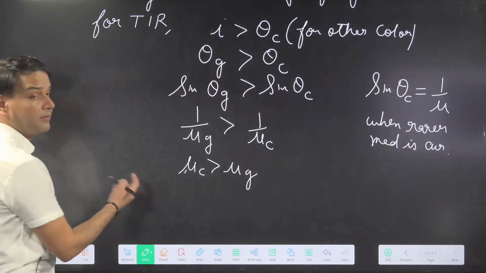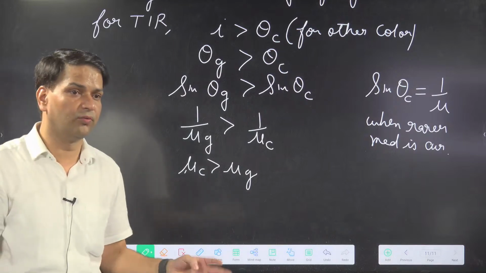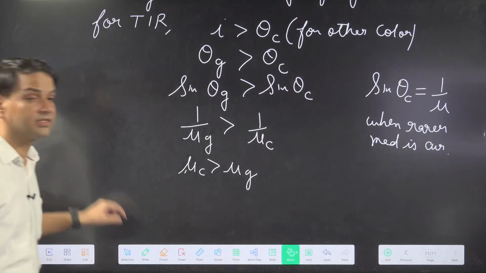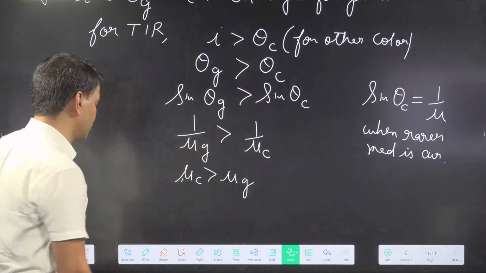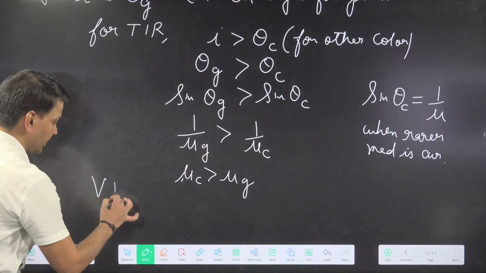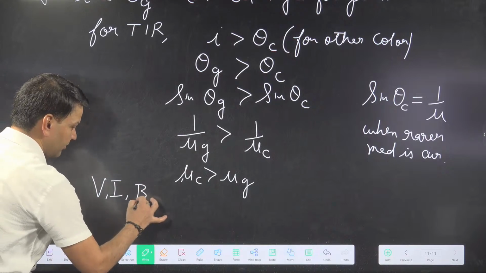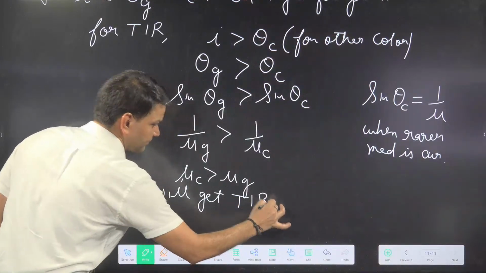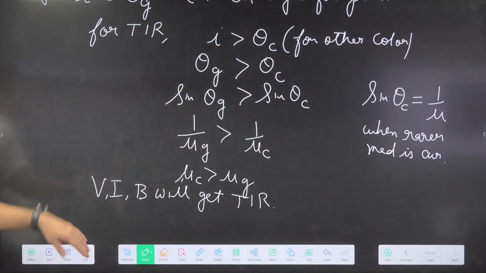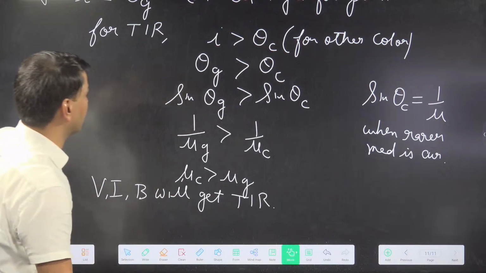Violet, indigo, blue: their lambda is less than lambda green, so mu will be more. So VIB will get TIR. Okay. And YOR will get refraction.